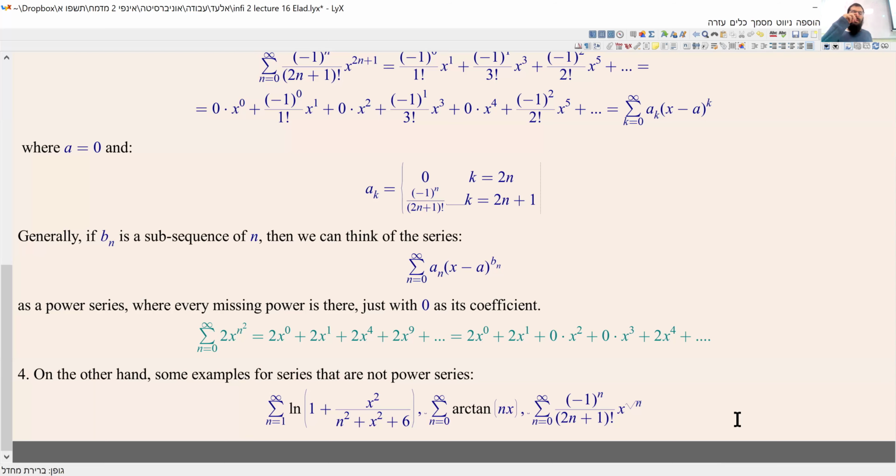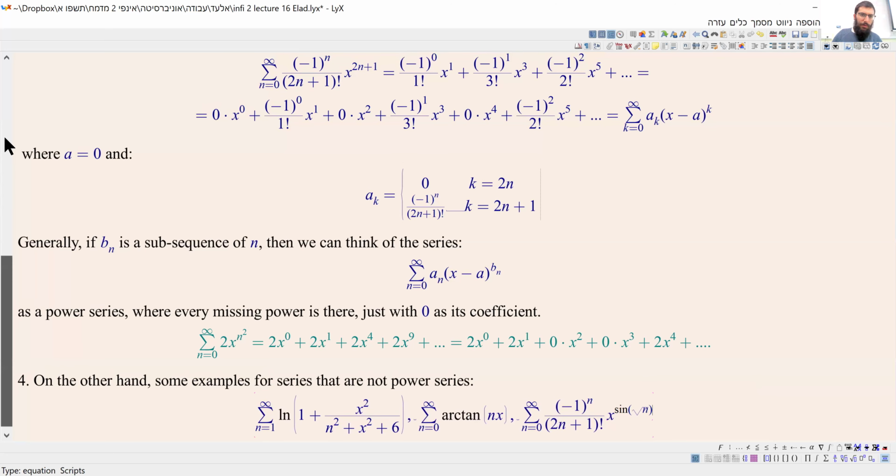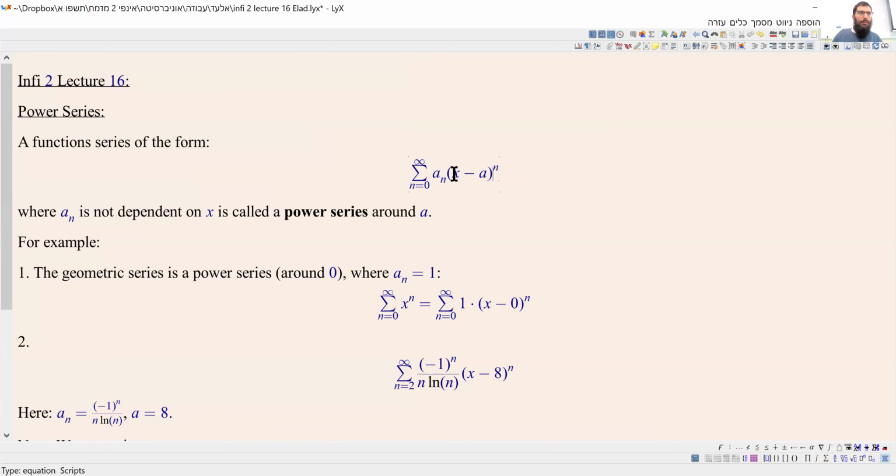This is not a power series, not by how we define it. Or x to the power of sine n, sine square root of n, whatever. The basic definition talks about the natural numbers.